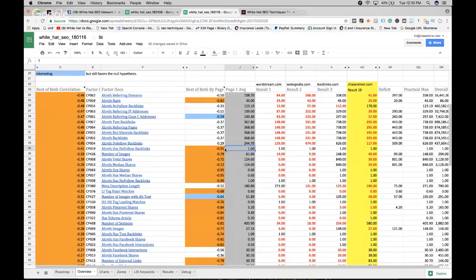Because if there ever comes a day where there is a significant algorithm update, you can compare today's file with the file that was pulled before the update and look at which factors are correlating differently. And those are the factors that were hit by the update. So it tells you what to do differently. That's so cool.